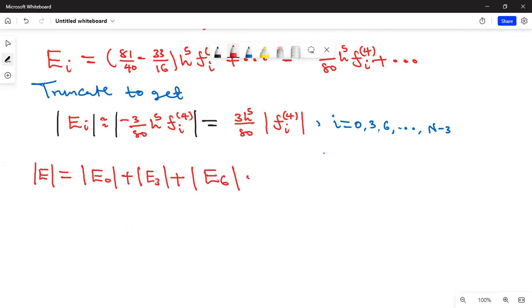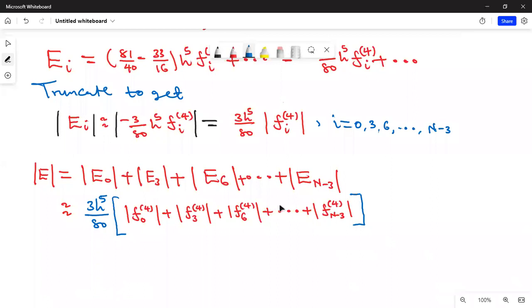There are so many of them, but remember it is in steps of 3. Don't confuse it. Plus so many of them in between, up to the last one, when i is n minus 3. So this is approximately equal to, now replace the values in each case, 3h raised to 5 over 80, then those fourth derivatives. Let's replace them.